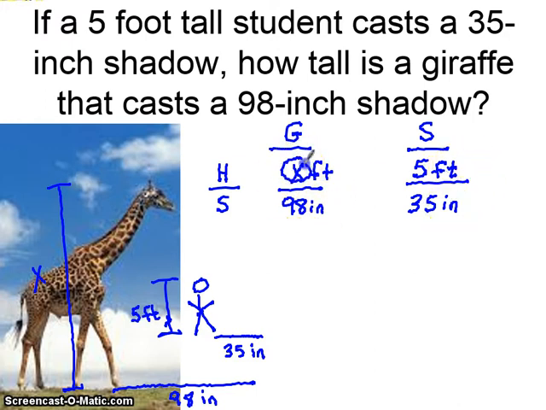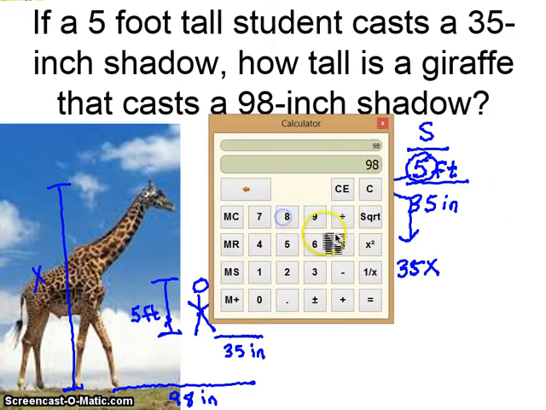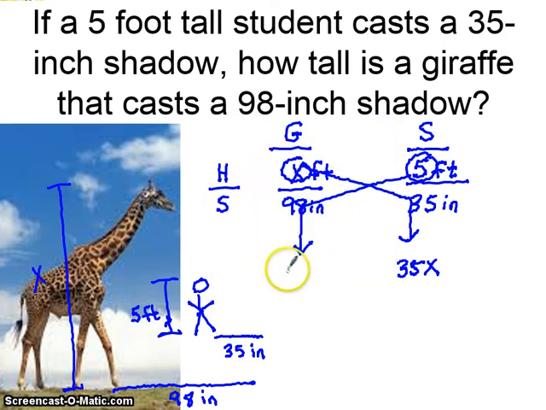Now we can solve. x times 35 makes 35x. 5 times 98, 98 times 5 is 490. So 490 is equal to 35x.